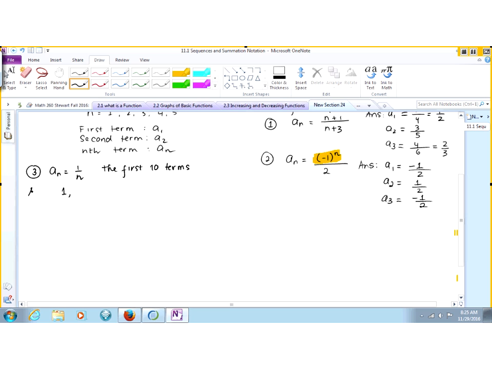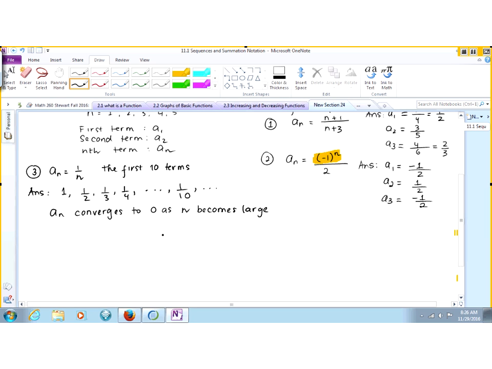1, and then 1 over 2, and then 1 over 3, 1 over 4, dot, dot, dot, and the last one is 1 over 10, and then dot, dot, dot. Now, a_n, do you think when it continues, it will be close to 0? So we say that a_n converges to 0 as n becomes large.